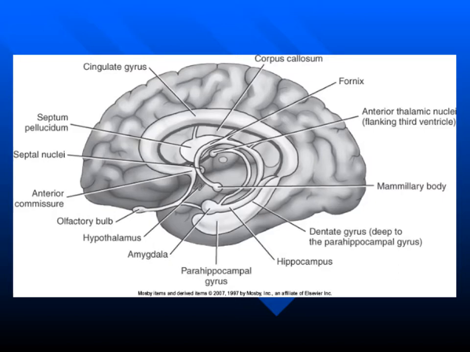There are several structures of the limbic system that are important. Hippocampus is one of them. Your book lists them this way: hippocampus, amygdala, olfactory tracts, fornix, cingulate gyrus, and mammillary bodies.